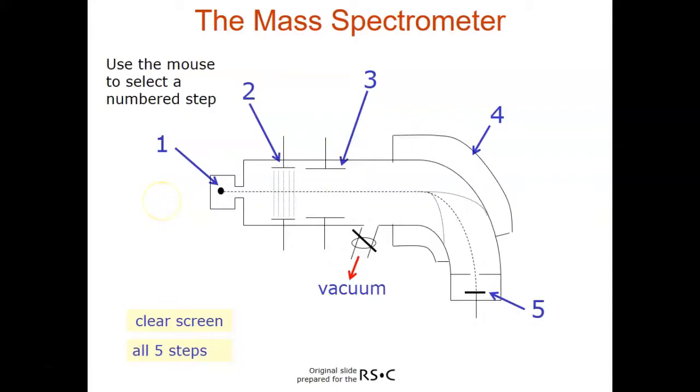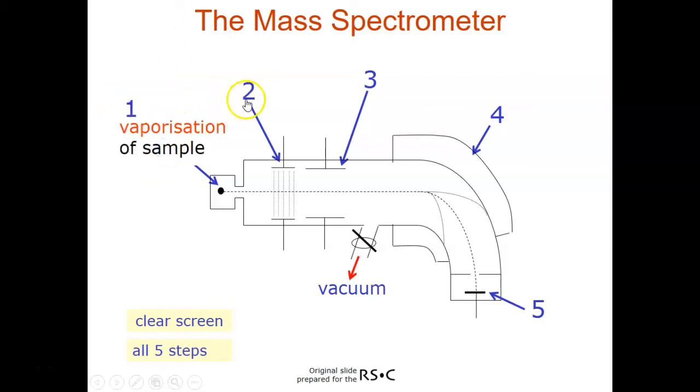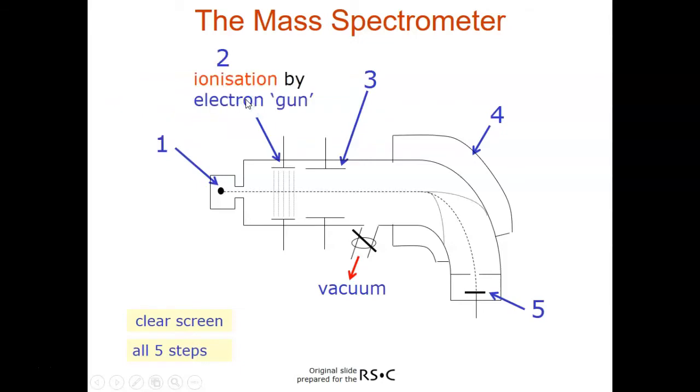So in your notes you should see this basic diagram of a mass spectrometer. You don't need to know in-depth details of how it works, you just need a very basic understanding. So firstly, we're going to vaporize our sample. Then once our sample has been turned into a gas, we can ionize it.